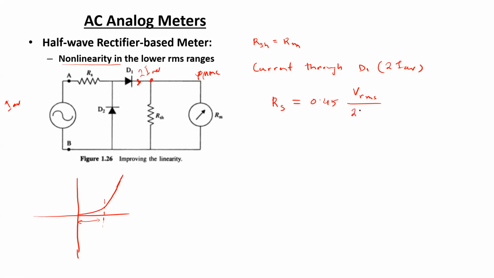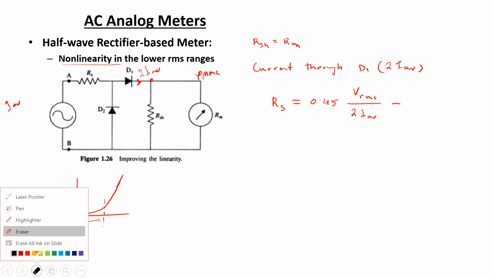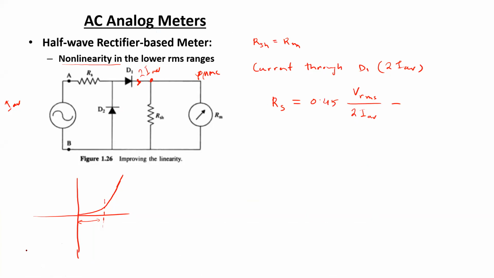So here also in the expression of RS, we should introduce this multiplying factor of 2, minus, instead of only writing Rm, now we have to consider the parallel combination of RSH and Rm.